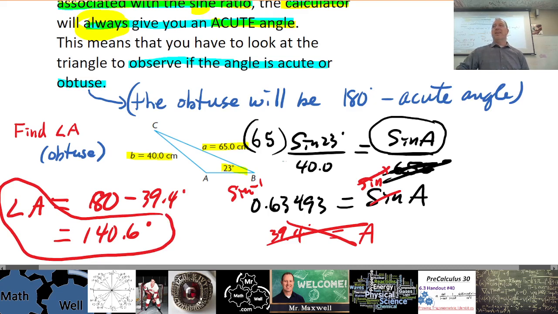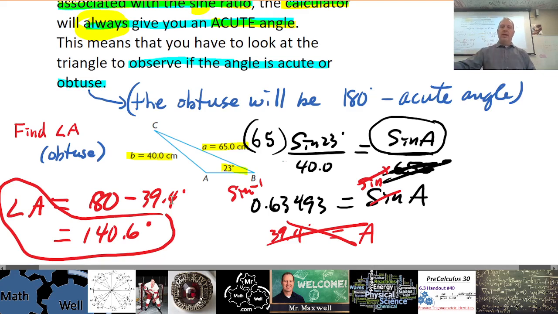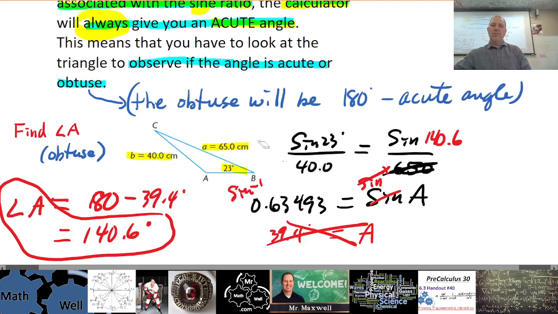Okay, all right. So with obtuse angles, you can use the sine law, no problem. You just have to do 180 minus the answer you get if you're looking for an angle. The side length should be no problem at all. Because guess what? If I was given 140.6, watch this. If I did 140.6 here, and let's say I didn't know what one of these values were, 23, 40, I didn't know what the 65 was, okay?